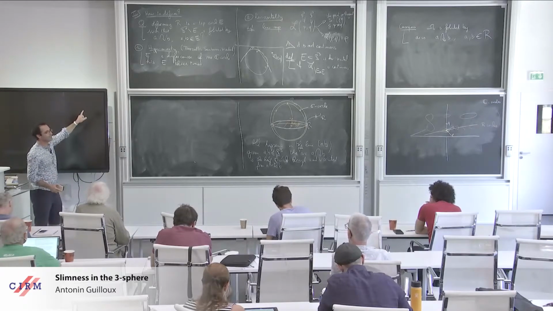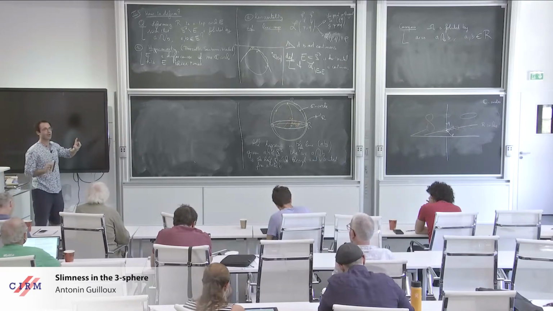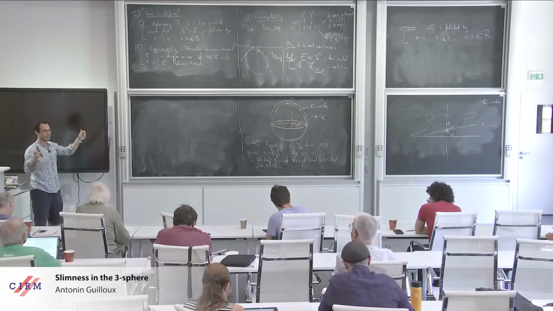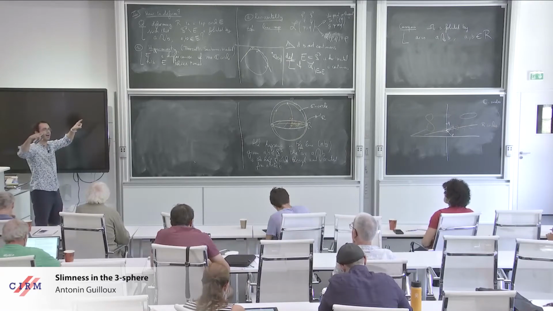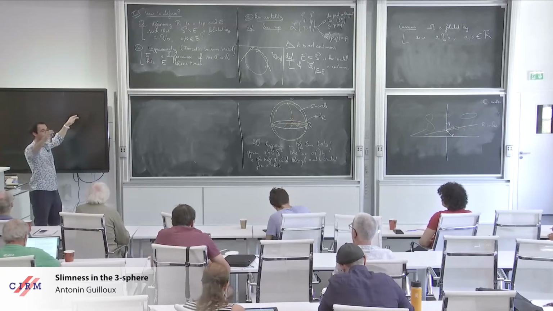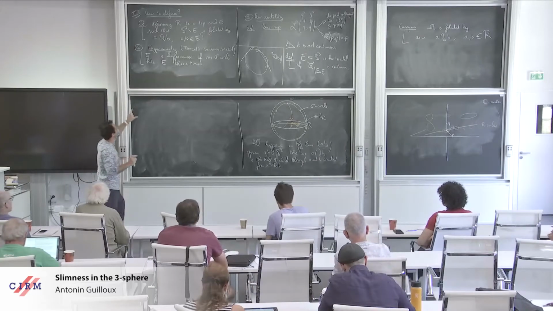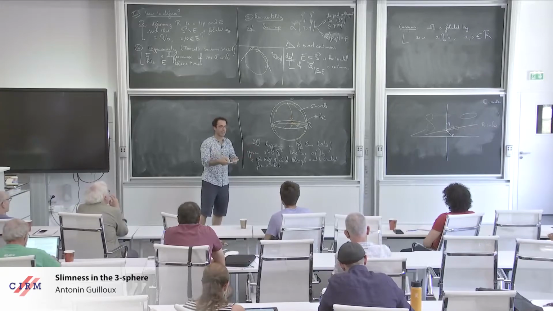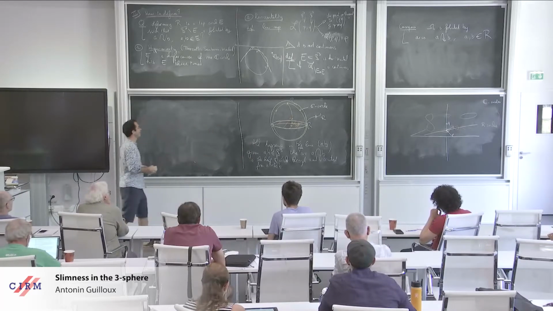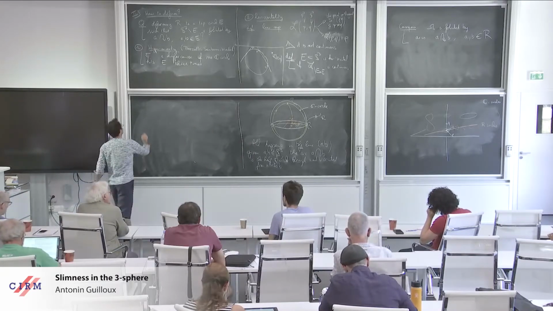Note that hyperconvexity is, in some sense, a global property. You are looking for a configuration of 3 points that maybe are far away one from each other, if it makes sense to say that. Instead, this condition is very local. It's about convergence of pairs of points. Well, okay, so slimness.